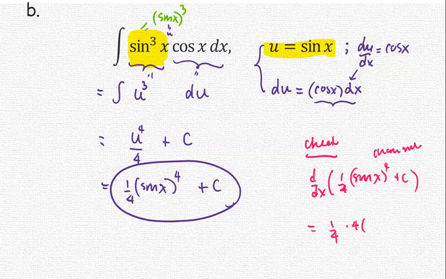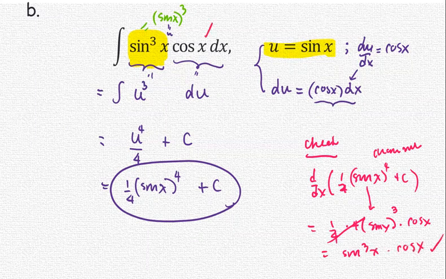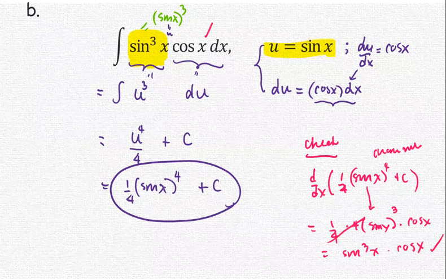So it's 4 times that quantity with the power reduced to 3, and then the derivative of sine, which is cosine x. So reduce, and now we get back sine to the third power of x multiplied by cosine x, which is the same as the integrand. So we are done. That's the checking process.